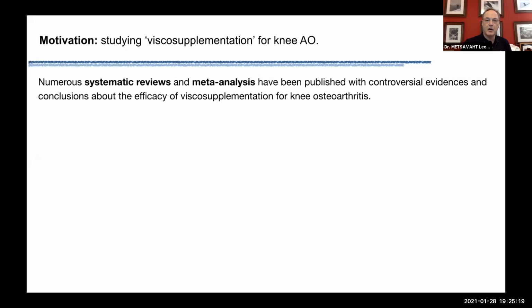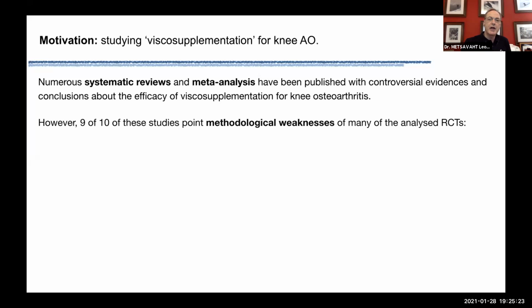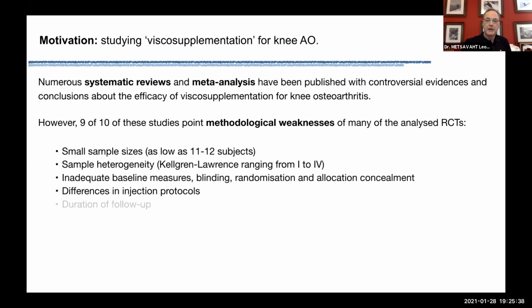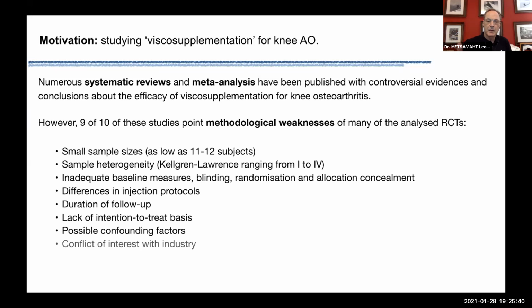And we saw that the authors themselves pointed out some very important things. In 9 of 10 papers, all of them showed methodology weaknesses in these RCTs. They said that most RCTs had small sample sizes. There are some RCTs with 11, 12 subjects analyzing subjective scores like WOMAC.